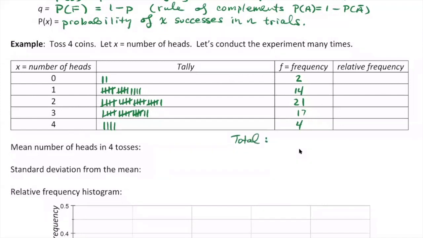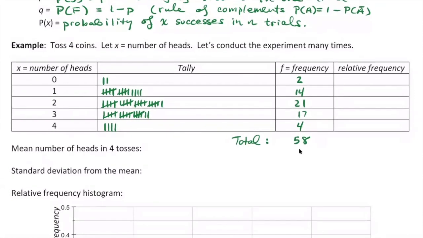So 16 and 21 is 37. 44, 54. I got 58. I'm going to double check that. Yeah. Okay, so the relative frequencies would be 2 out of 58 and so on.